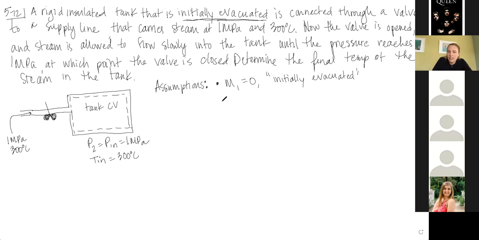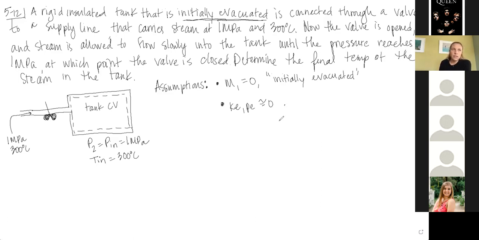And then Dan also said that our potential energy and kinetic energy are going to be roughly equal to 0. So there's no velocity that's really playing a part, no change in velocity, there's no change in gravity. We also have our specific kinetic and potential energy of the tank are going to be 0, and then our overall energy of our system are still going to have a kinetic and potential energy of 0.